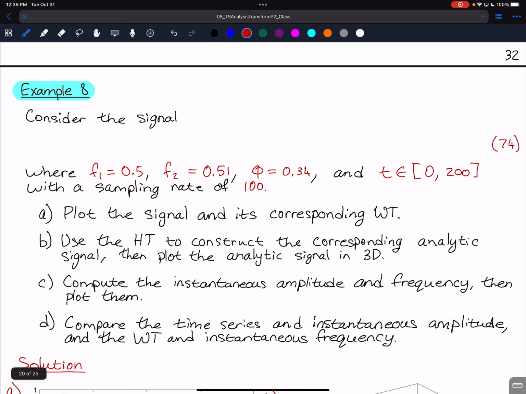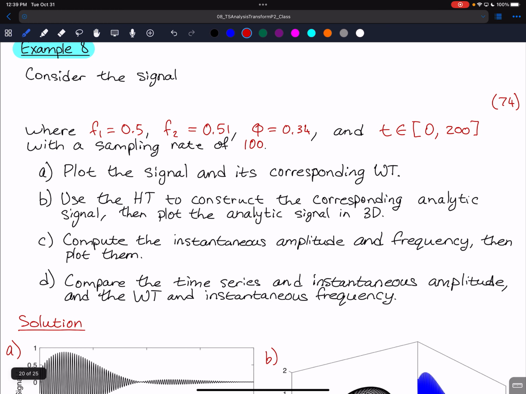All right, so here we're going to consider just a first example of just a signal that I've created, which actually has two frequencies in it, but these frequencies are very close together. So in this case, the signal is x of t, which is equal to e to the minus 0.025 times t. That's our exponential decay here.